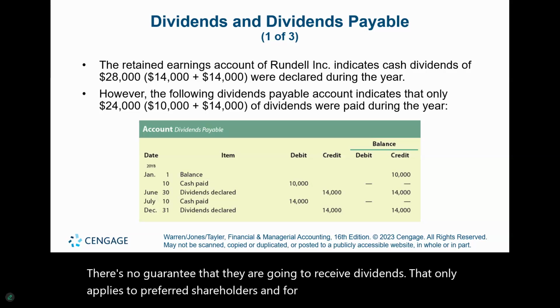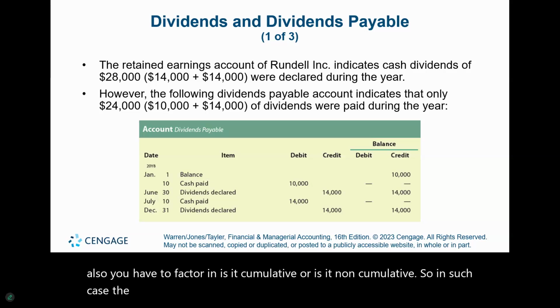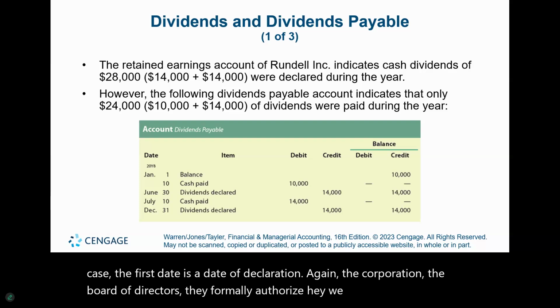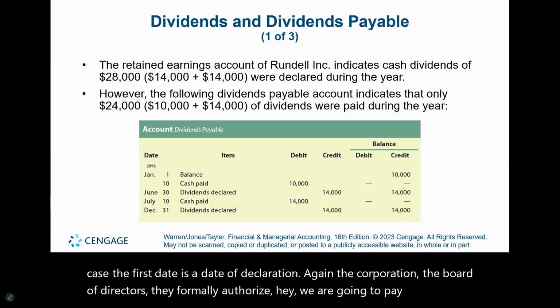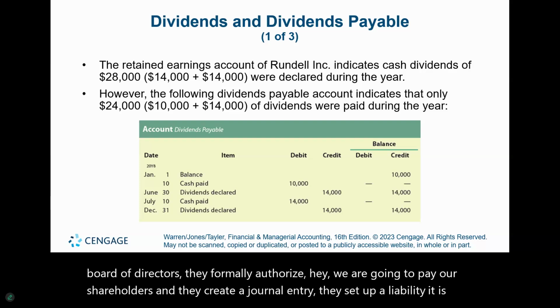And for the preferred shareholders, you also have to factor in, is it cumulative or non-cumulative? So in such case, the first date is the date of declaration. Again, the board of directors formally authorizes, hey, we are going to pay our shareholders, and they create a journal entry. They set up a liability. It is recorded on the books. It is black and white.